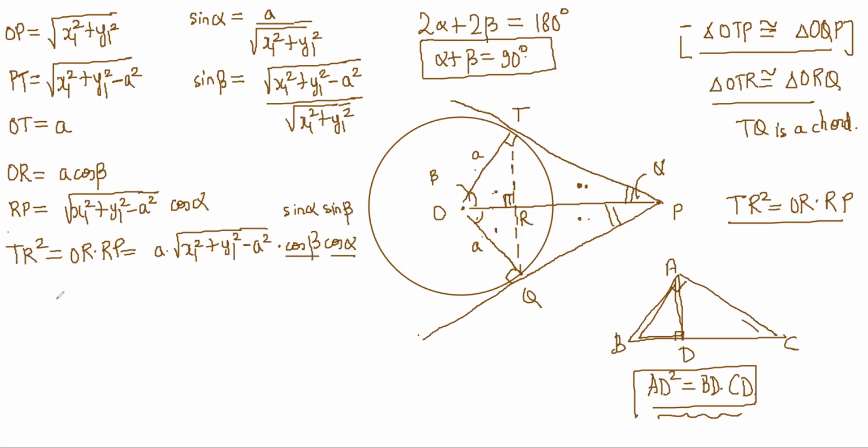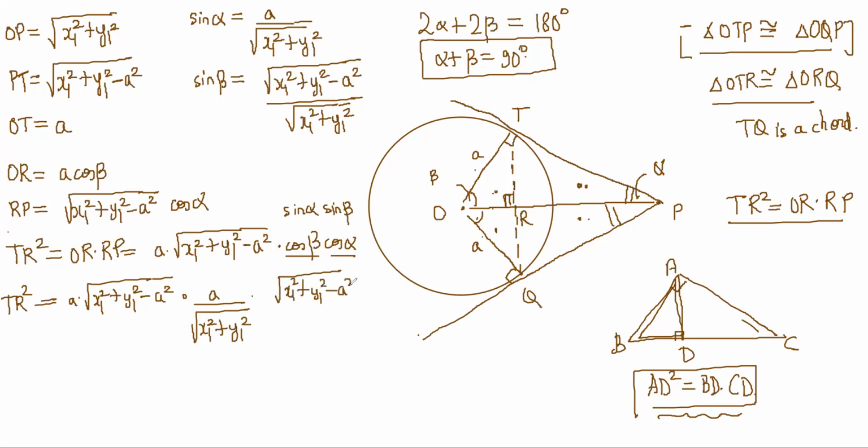So this becomes TR square is equal to a into root over x1 square plus y1 square minus a square, into sin alpha is a by root over x1 square plus y1 square, into sin beta is this, x1 square plus y1 square minus a square by x1 square plus y1 square root, right?